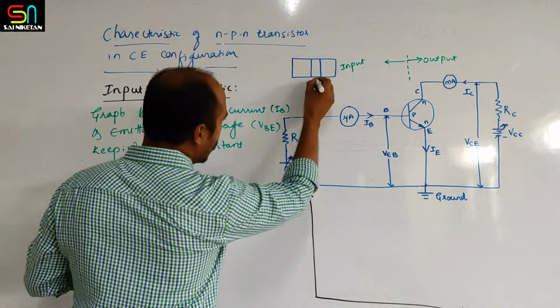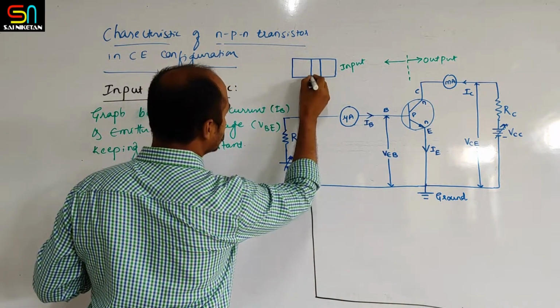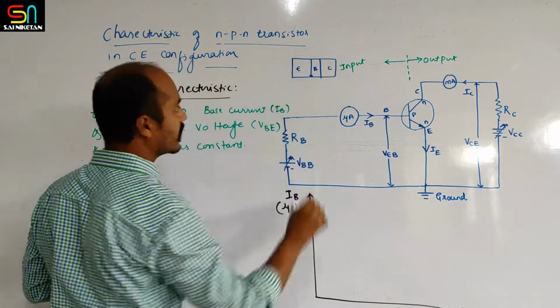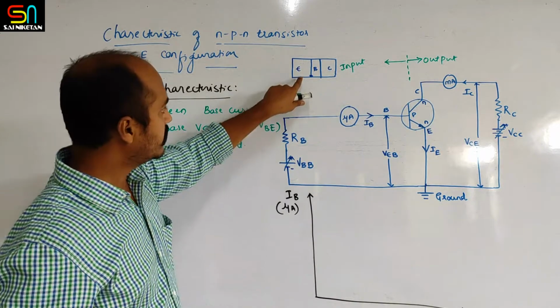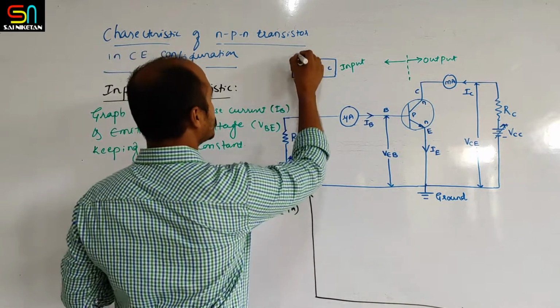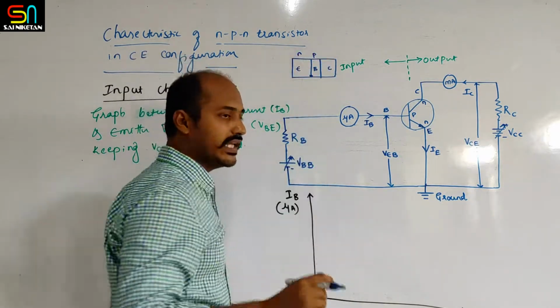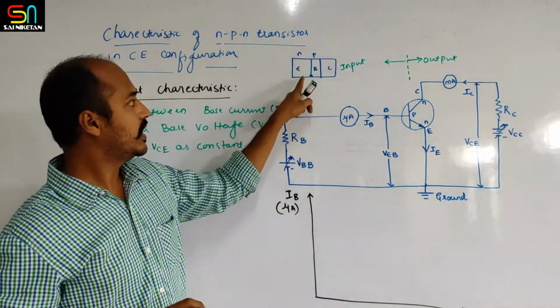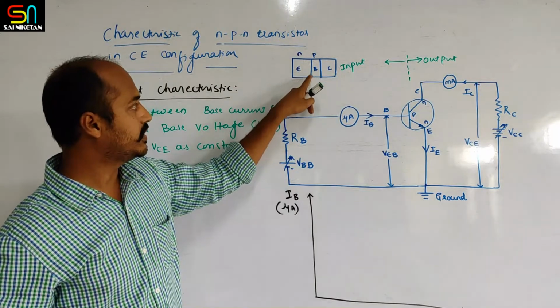I am increasing the voltage across this junction. Here, if I take this as N and this as P, there is a junction between N and P. This junction is called the base emitter junction.